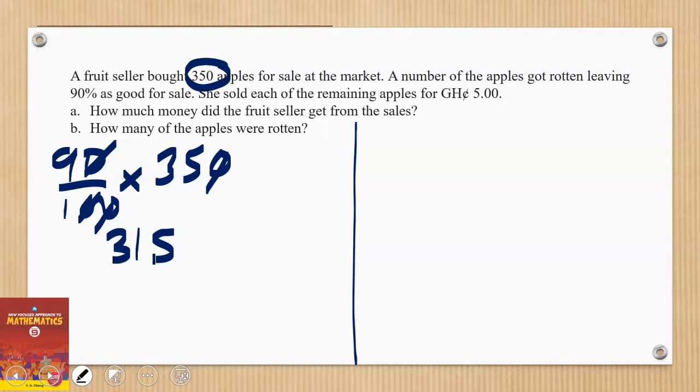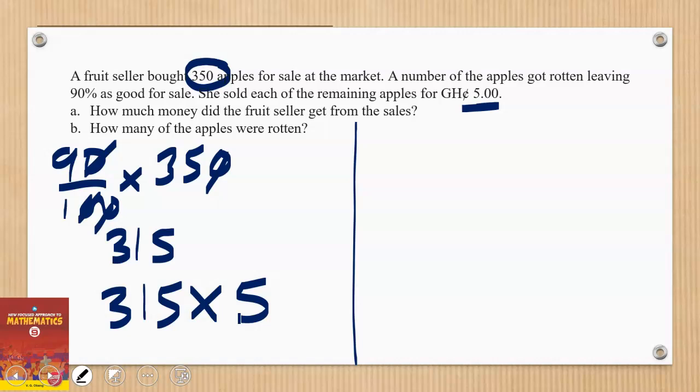Now she sold each of these remaining apples for 5 cedis. So the total number of apples, 315, times each apple's price being 5 cedis. Now let's do a simple calculation here. 315 times 5. Again, we can do our simple tricks. We can subtract 1 from 315 and we'll be left with 314.